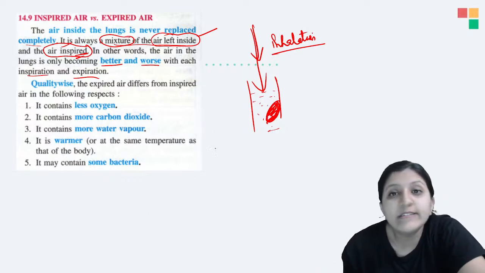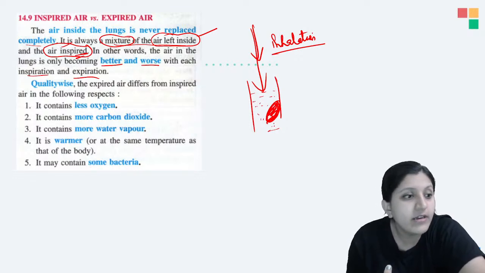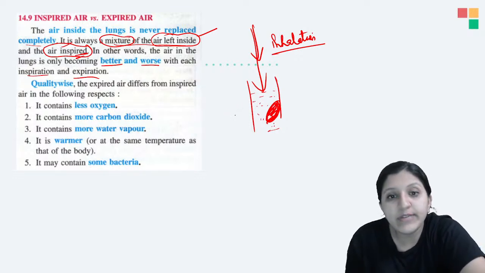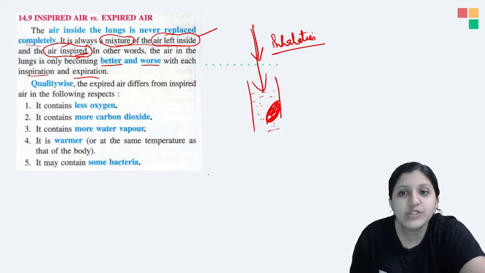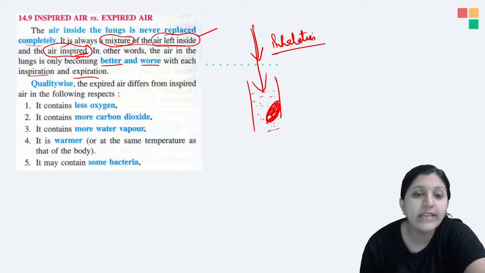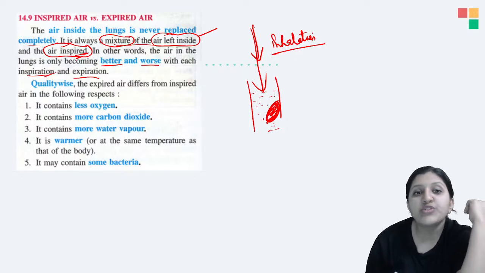So air that is inhaled in is going to get better, mainly with respect to oxygen. As you take in air, it will be rich in oxygen, so it is going to get better or worse with the inspiration and expiration.